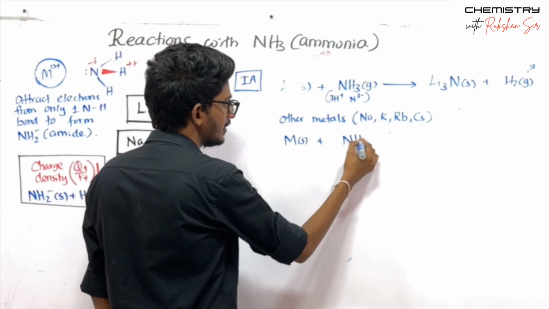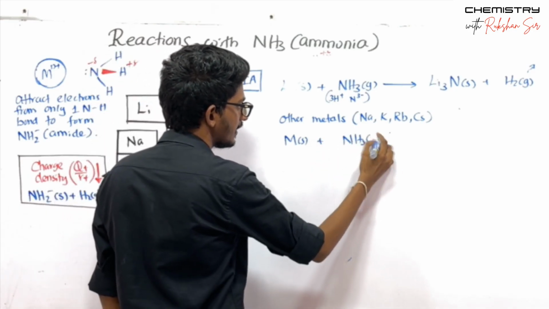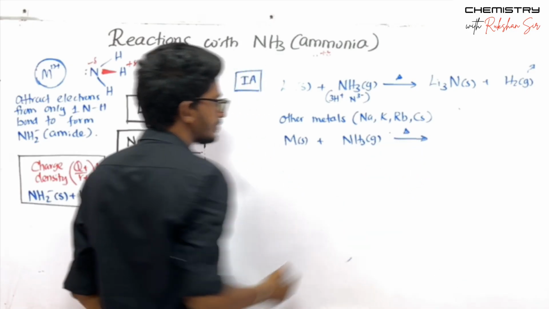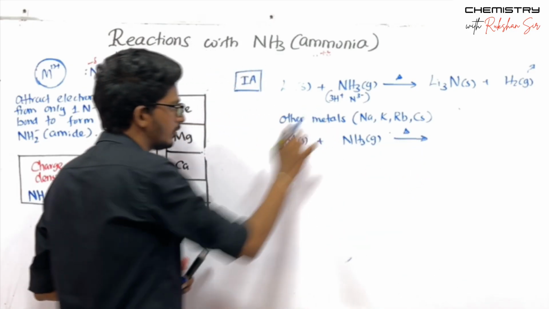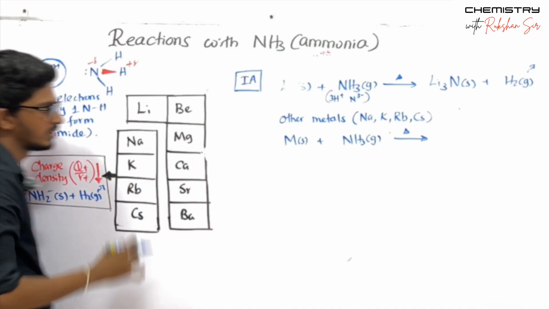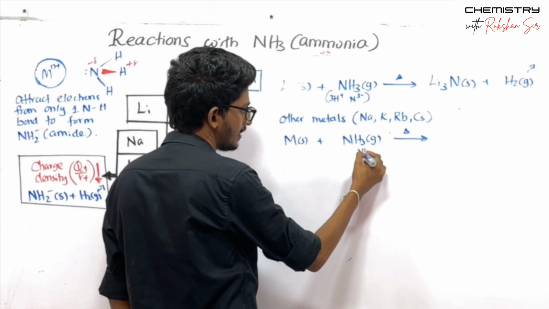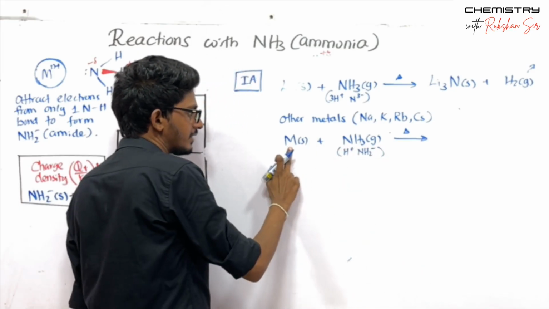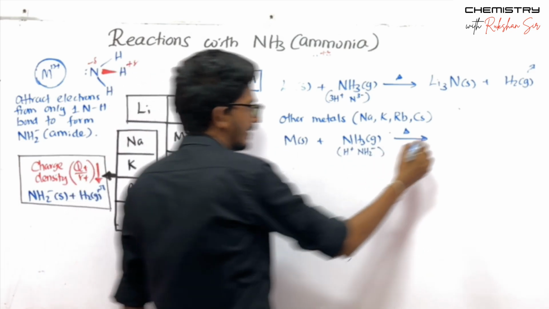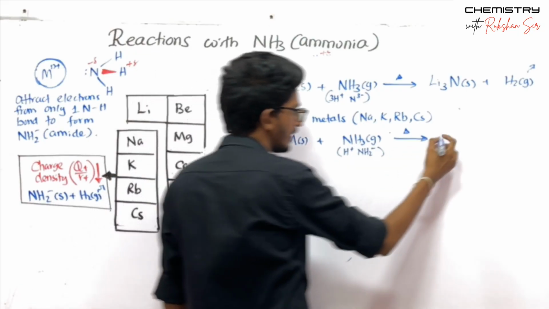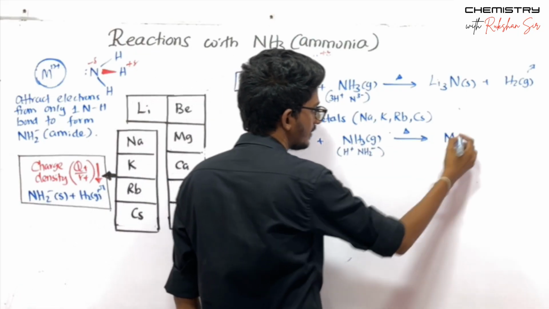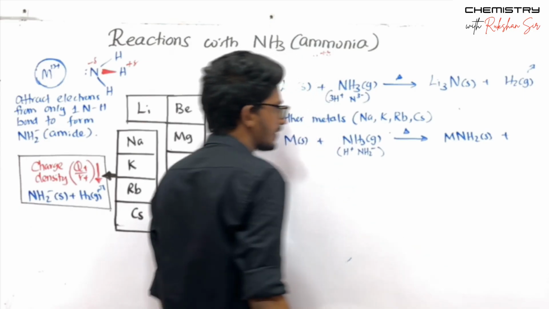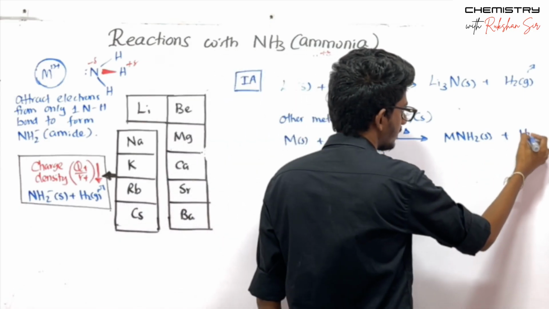Those will react with NH3 gas, which needs heating. As the other metals of group 1 have low charge density, they will prefer the anion with low charge density, NH2 minus. So M plus connects with the anion NH2 minus, so MNH2, plus the H plus will reduce to H2 gas.